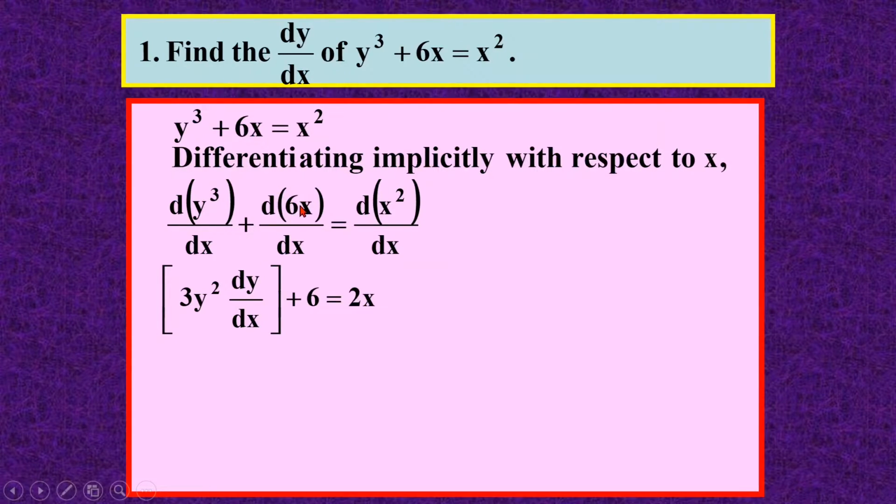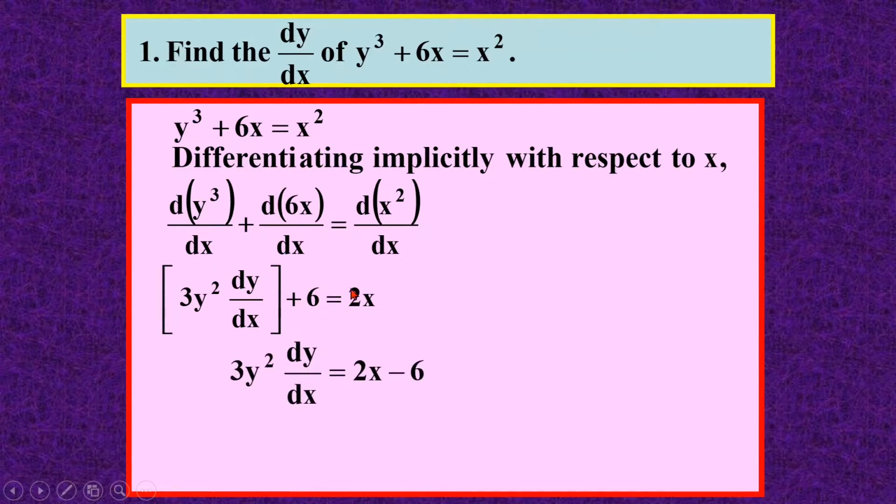When I go to this one, there should be no problem. When I differentiate 6x, I get 6. I differentiate x squared, I will get 2x. Now, the question asks you for dy/dx. So our next step will be trying to arrange this answer until we get only dy/dx on the left hand side.